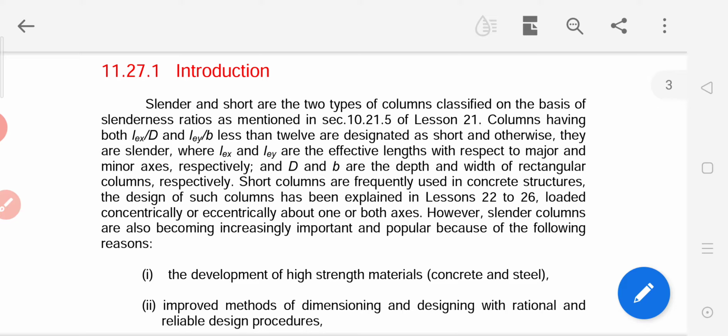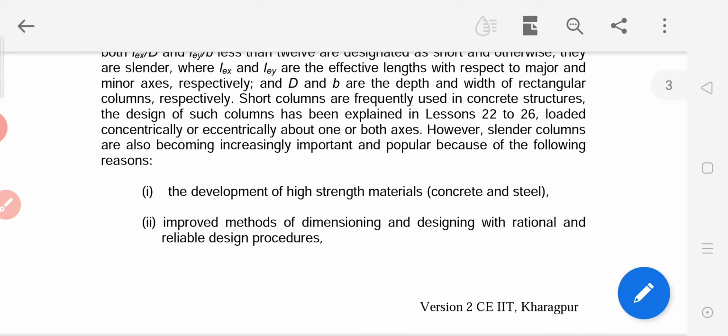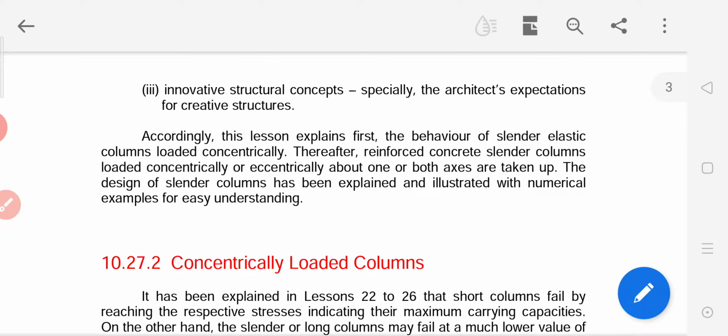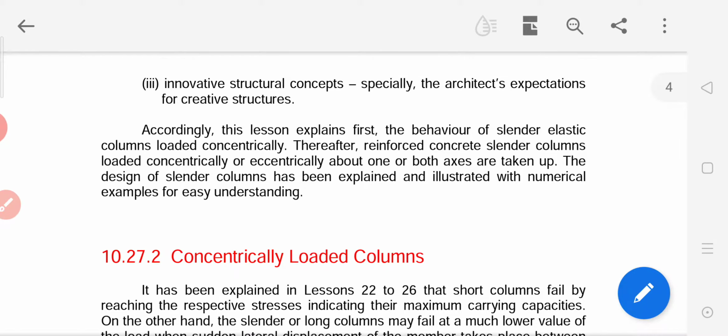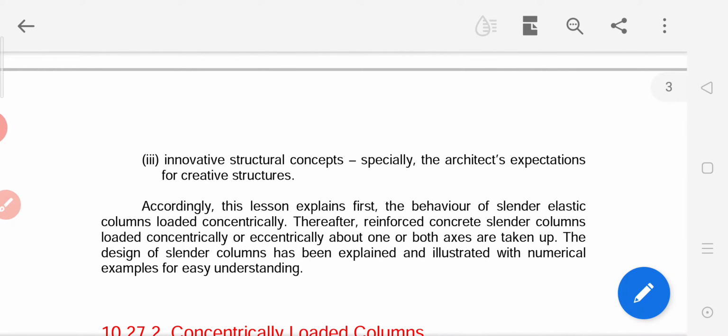Second, improved methods of dimensioning and designing with rational and reliable design procedures. And third, innovative structural concepts, especially architectural expressions for creative structures.